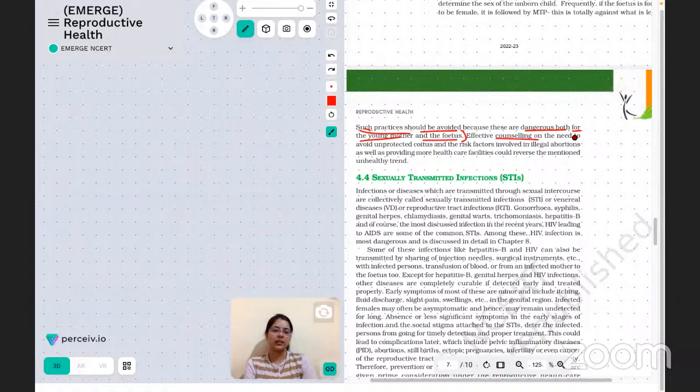Effective counseling on the need to avoid unprotected coitus and the risk factors involved in illegal abortion, as well as providing more health facilities, can reverse the mentioned unhealthy trend. तो ये जो processes हैं कि amniocentesis को ban करना, MTP को सिर्फ strict conditions में लागू करना या legalize करना, this is one of the ways which can prevent the unhealthy trend of the MTP, अगर उसको strictly follow किया जाए. Okay, so this is about the MTP that we have seen.